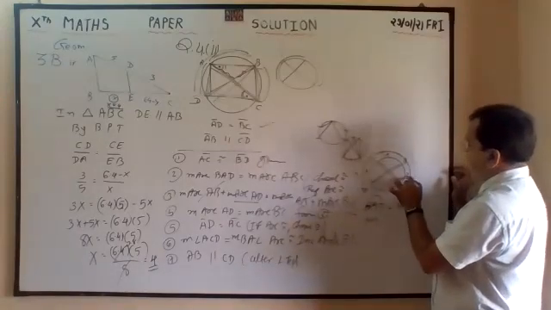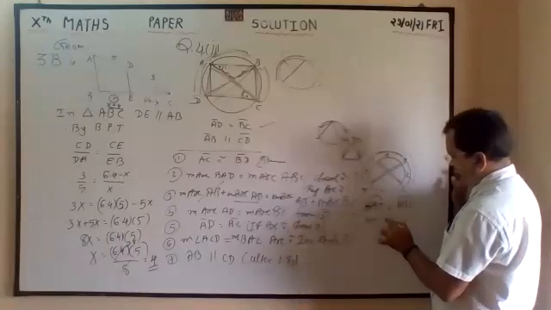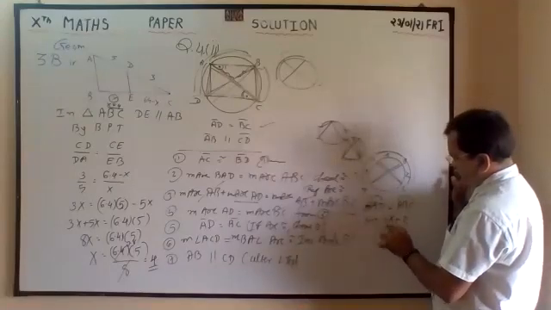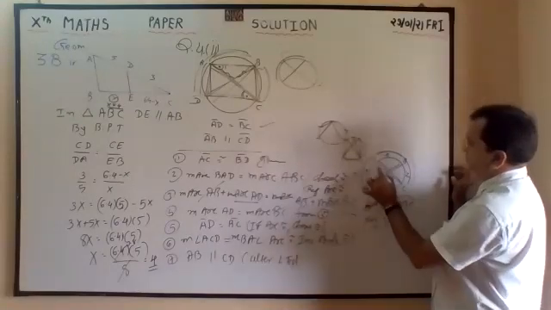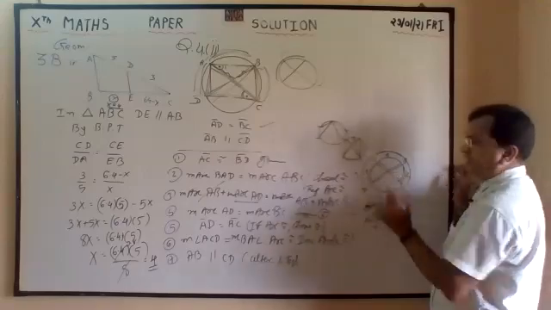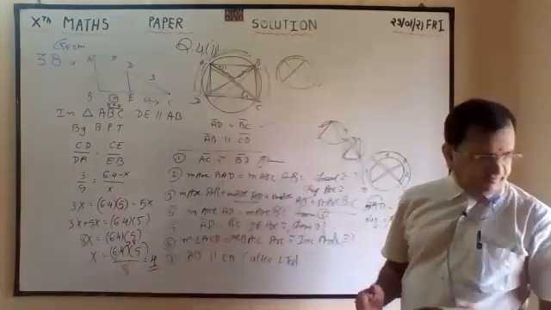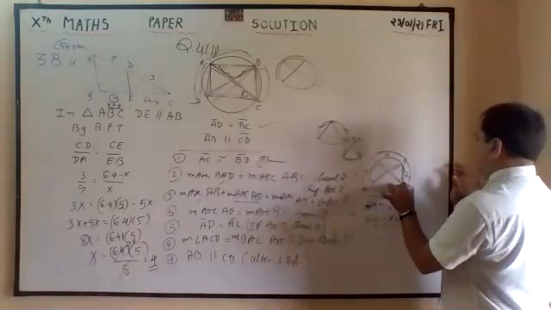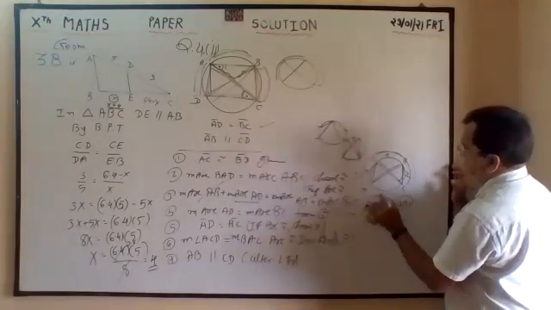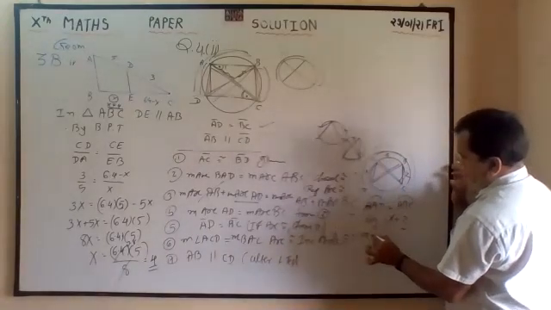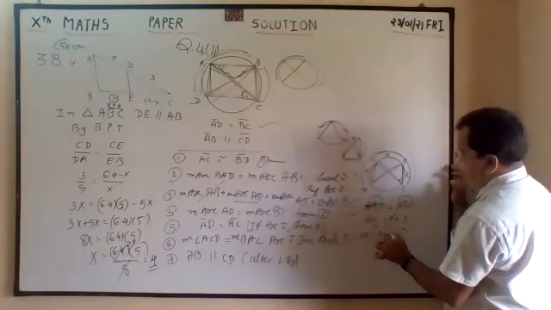This is made up of x, y, z, x and z. X cancels, so y is equal to z. When arcs are congruent, chords are congruent. So AD congruent to BC.